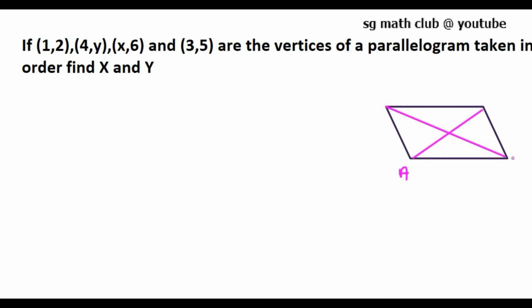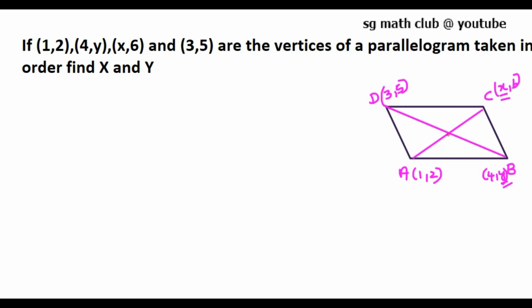So A, B, C, D taken in order. Now we will mark the coordinates: A is (1, 2), B is (4, y), C is (x, 6) and D is (3, 5). We need to find out the value of x and y.